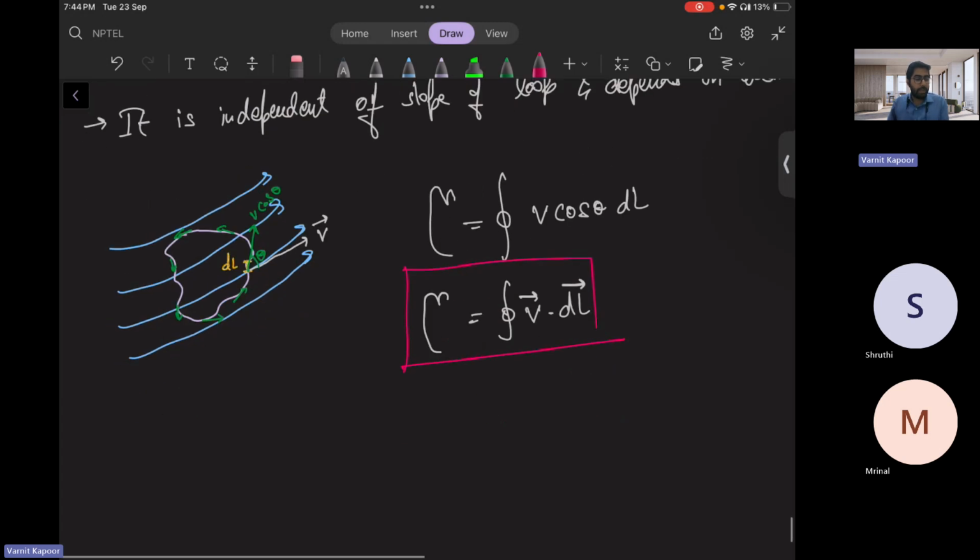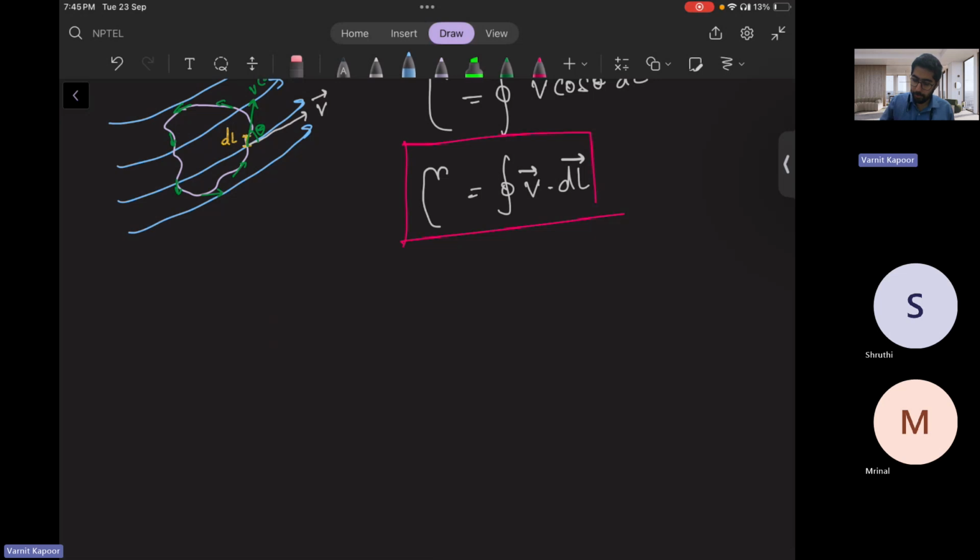Now let us consider a fluid element, and let us suppose the closed loop is in the form of a small square. Again, let us take a set of streamlines and a small fluid element like this, having dimensions dx and dy. I'm taking one fluid element from the closed loop and studying it.